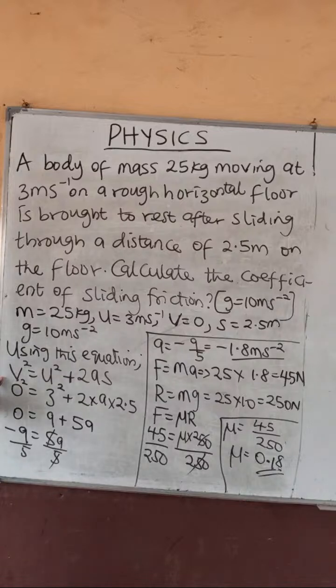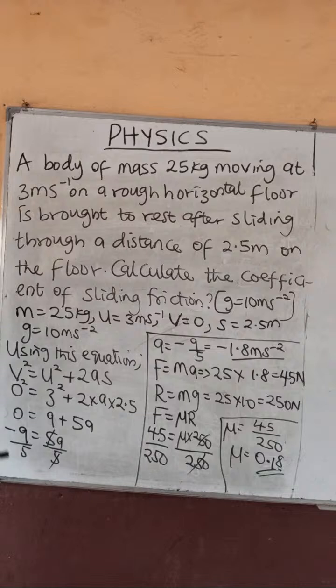Now, we have this equation. This is one of the equations of motion: v squared is equal to u squared plus 2as. My v is equal to 0, so 0 squared is equal to 3 squared plus 2 times a times 2.5. 0 squared is 0, equal to 3 squared, which is 9, plus 5a.